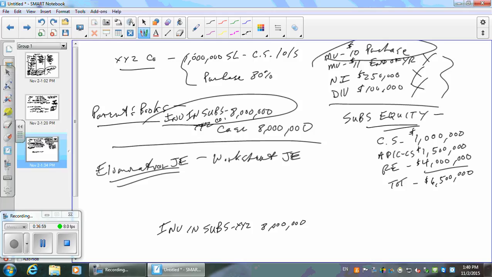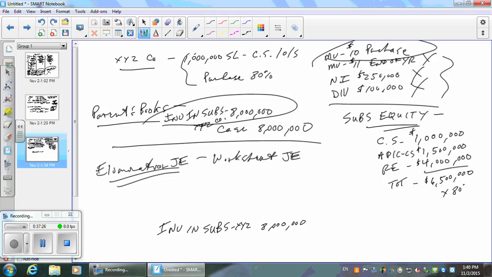Okay. Everybody agree? What did we buy of it? We paid $8 million for what? What did we pay $8 million for? Their net assets are $6.5 million. All their assets less all their liabilities equal their equity. Their equity equals $6.5 million, right? So what do you think we bought? 80% of it.